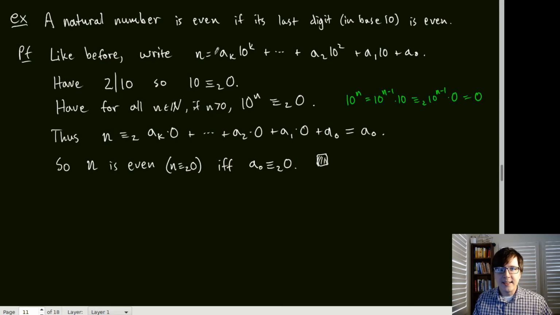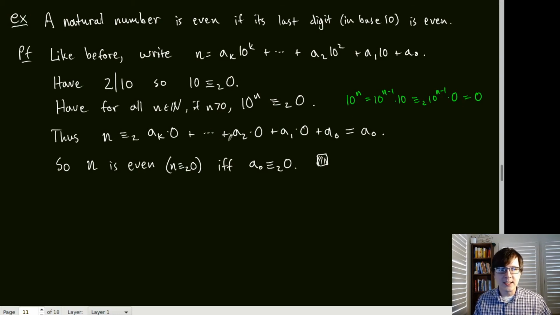Okay, so we can take our base 10 representation of our number and reduce it mod 2, or find what it's congruent to mod 2. So n is congruent mod 2 to replacing all the higher powers of 10 with 0, but keeping the unit the same. And then that is certainly a 0.